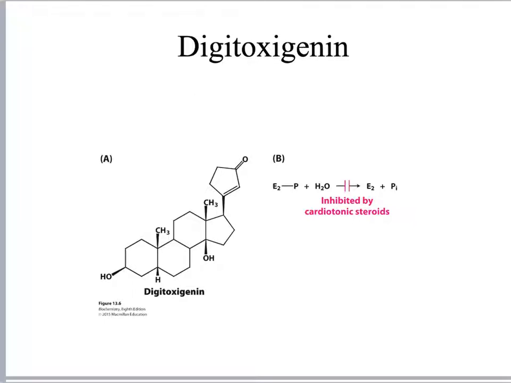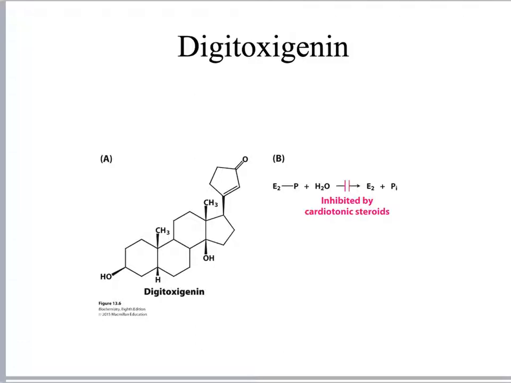This is just to illustrate an application of something that will impact these pumps. It is used to treat heart failure because it allows for a decrease in sodium. We're not pumping the ions like they're supposed to, we're inhibiting the pump.